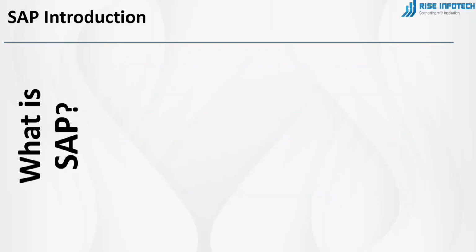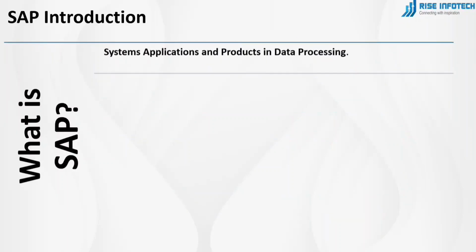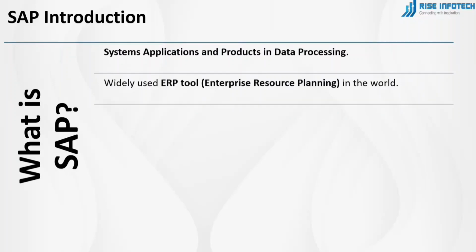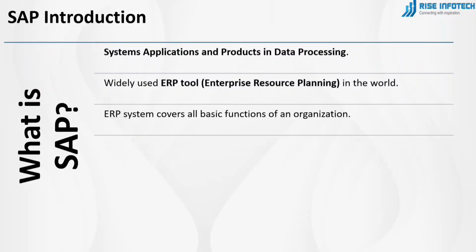Coming to the introduction, what is SAP? SAP is an abbreviation of Systems, Applications, and Products in Data Processing. It is the widely used ERP tool, that is Enterprise Resource Planning, all over the world. It is mainly for the organization's basic functions.